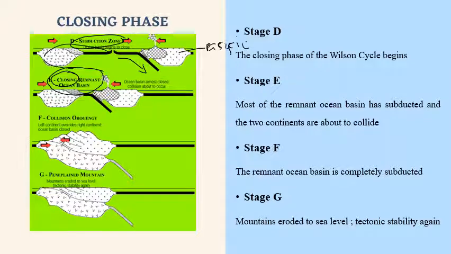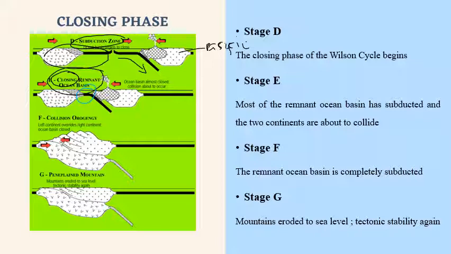This is the secondary plate here. And now we have a very narrow, small, skinny ocean, as you can see here in stage E.